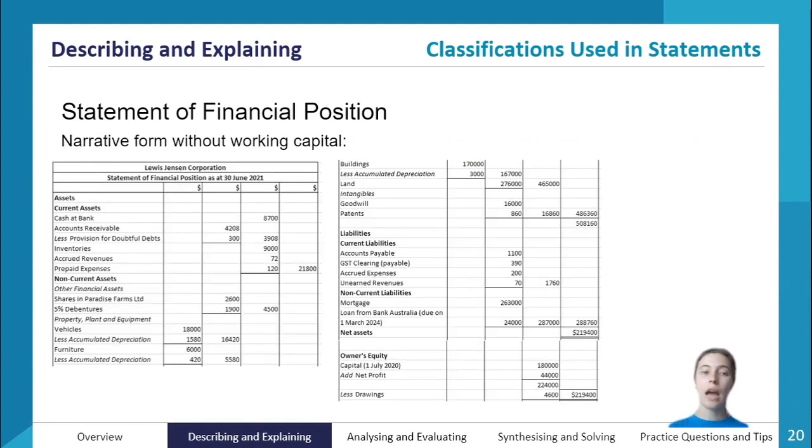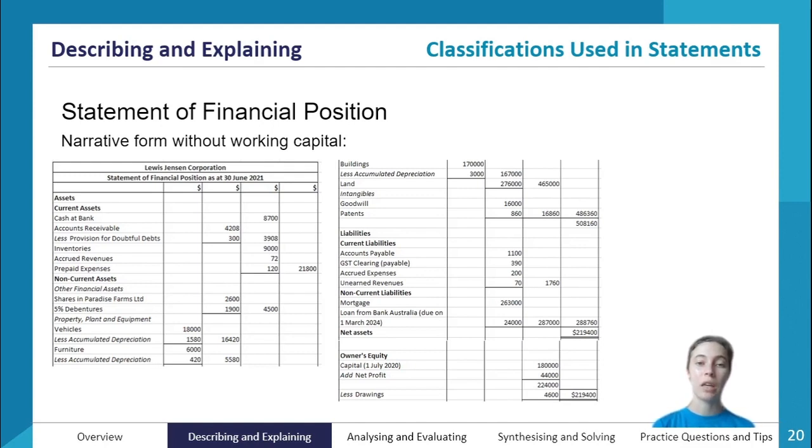So first of all, narrative form without working capital. So when we think of this narrative form, I suppose it's longer. You're displaying it all out in more of a fashion that it's only sort of one column going down.